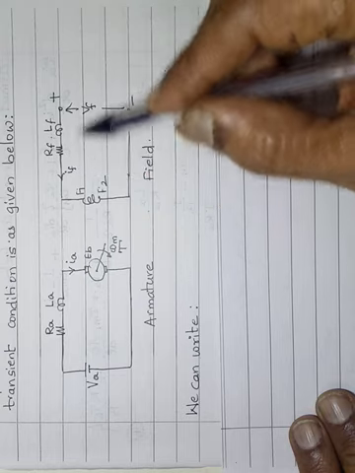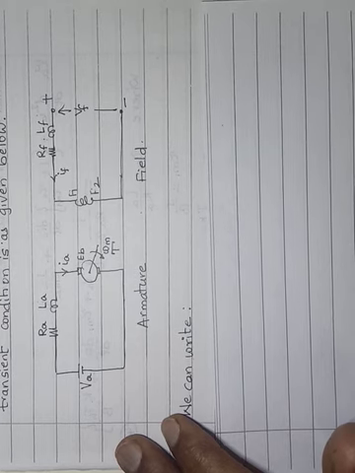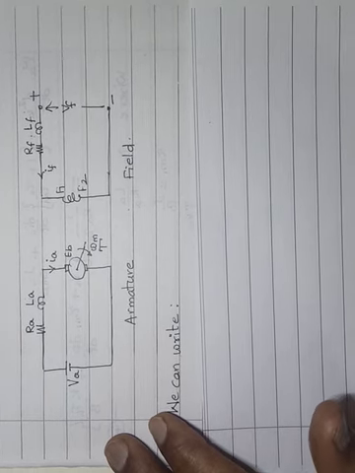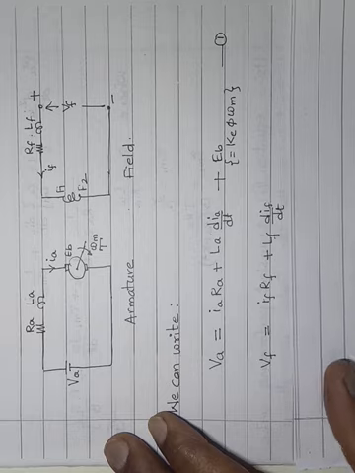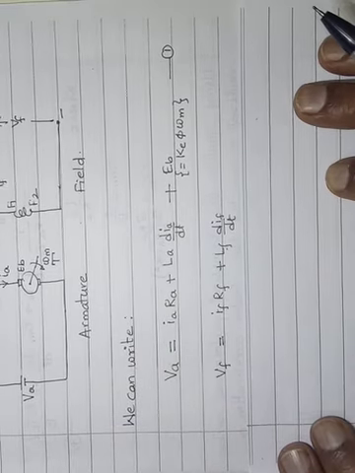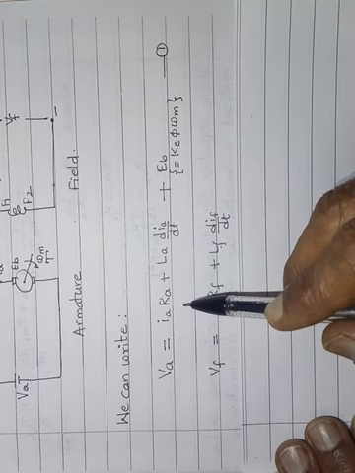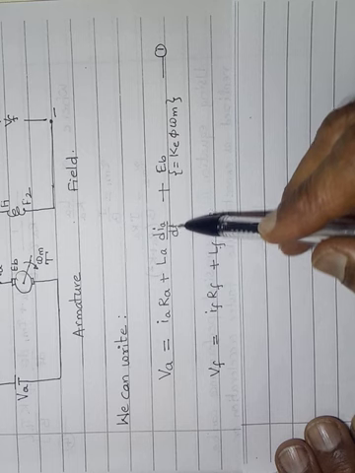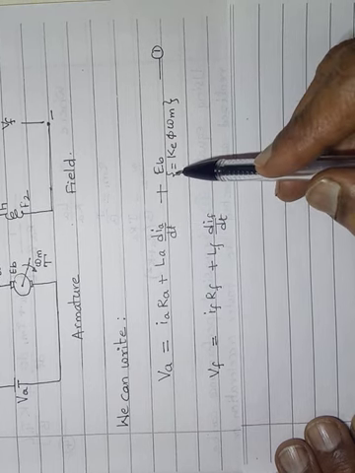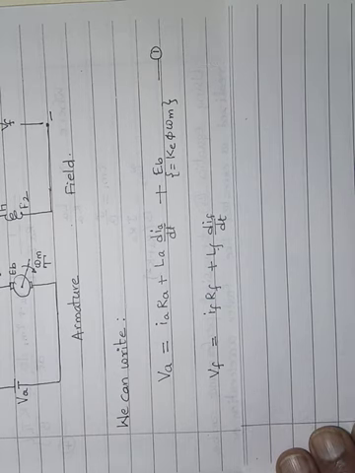That is the equation for the field. So we can write the KVL equations for the armature and the field as, can you see here, VA equal to IA RA plus LA dIA by dt plus EB, equation 1.